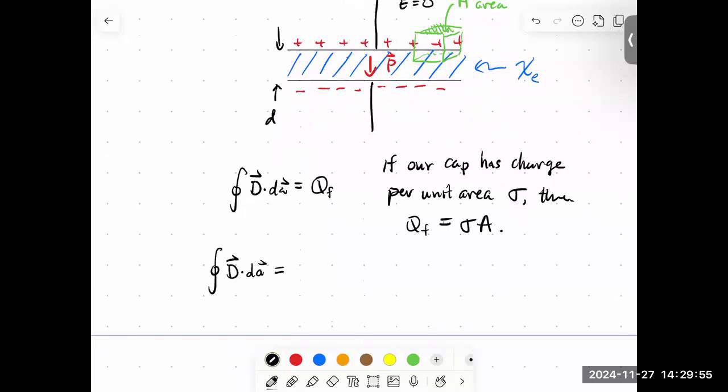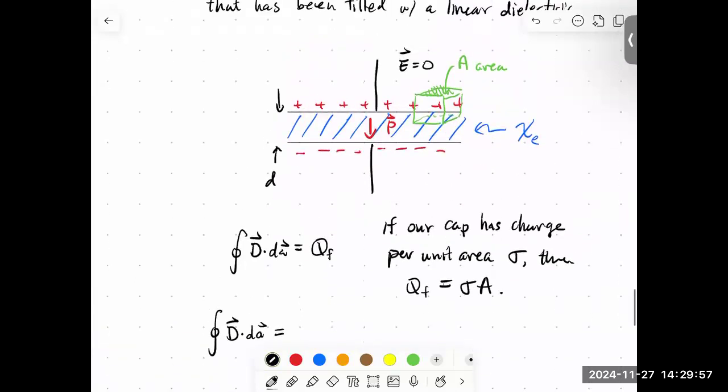And so if we imagine that we have an electric field inside our plate, then our n hat for the top plate is pointing up, and the n hat for the bottom plate is pointing down. And so one of them is parallel to the electric field, and the other is anti-parallel.